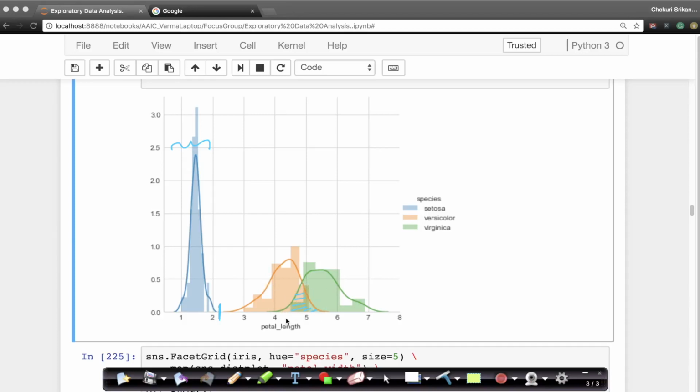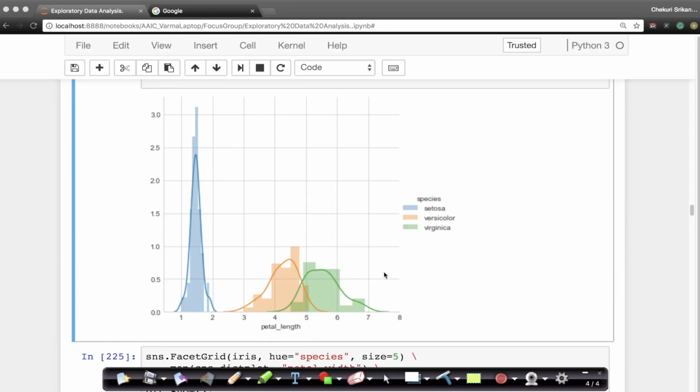The overlap is there; we can't run away from it. So what would have been the perfect case? The perfect case would have been that I have all of my setosa here, my versicolor here, and my virginica here. If all three were well separated, that would have been the best case. But that's okay. What I have here is fairly good, with some overlap here. This is when I use petal length as my feature.